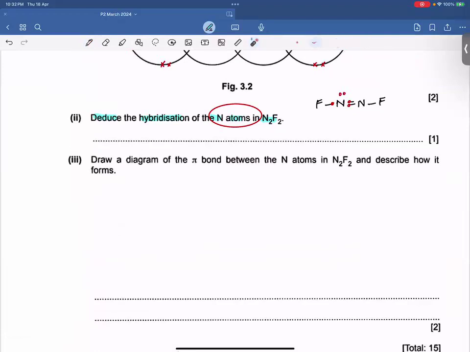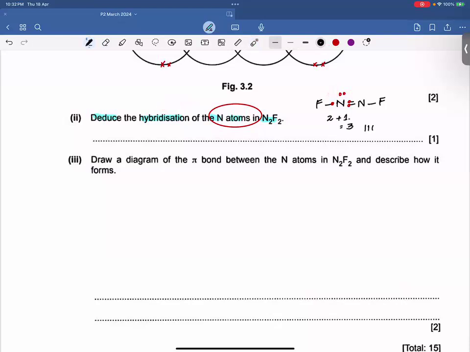Now we need to find out the hybridization, and for that a double bond needs to be considered as a single bond. So around the nitrogen atom, we have one double bond, so consider it as one single bond. This is going to be another single bond. So around nitrogen, we have 2 single bonds, right? Around nitrogen, we have 1 lone pair. So the total is going to be 3.